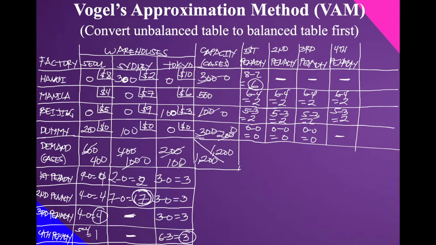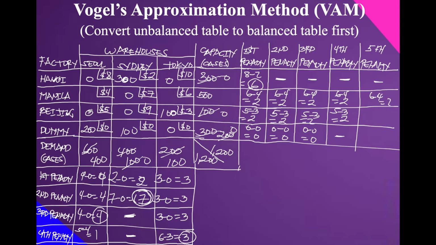Okay. So, let's proceed with the fifth penalty. Okay. So, for fifth penalty, sorry for my handwriting. So, ito wala na. 6 minus 4, that is 2.